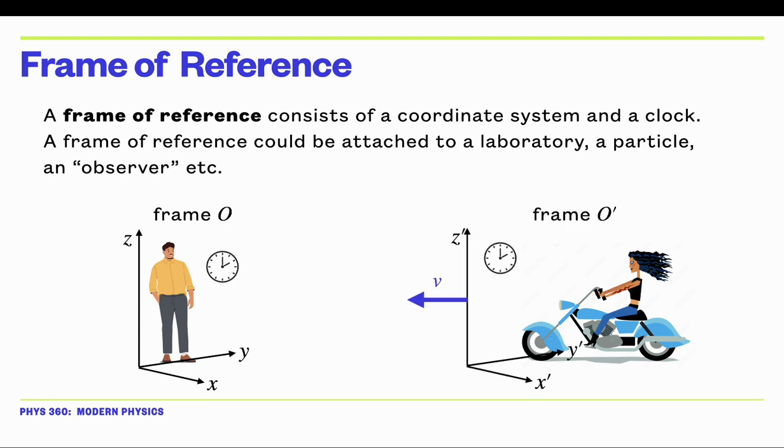A person in motion on a motorcycle would have their own clock and their own set of coordinate axes. The first person we say is frame O, where the variables don't have primes on them. The second system we're calling frame O prime, where each of the coordinates x prime, y prime, and z prime have a prime to distinguish them from the first one.